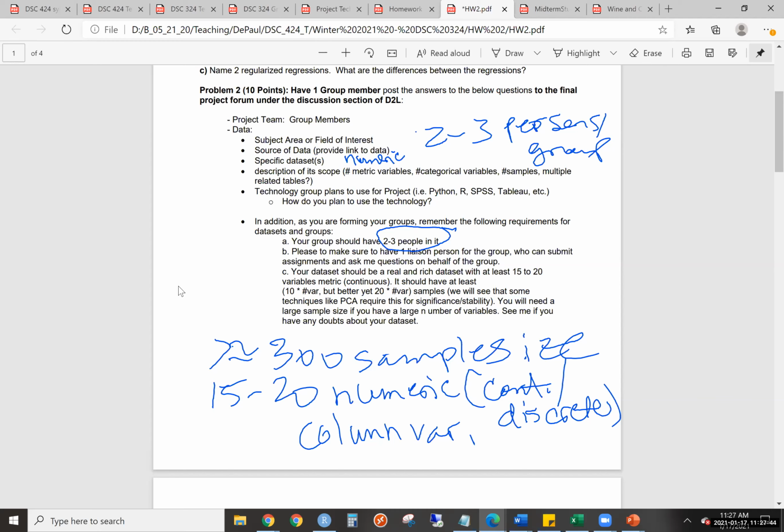The other thing I also want to ask you here, and this is not steadfast, is to tell me what technology you're going to be using with this data set. So while I make you use R for the homework assignments, if you want, you can use Python, you can use SPSS or SAS or Stata to run these methods.